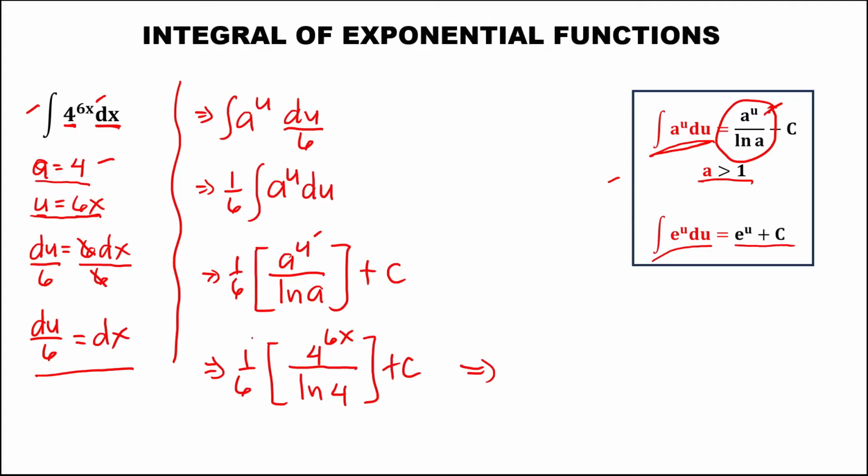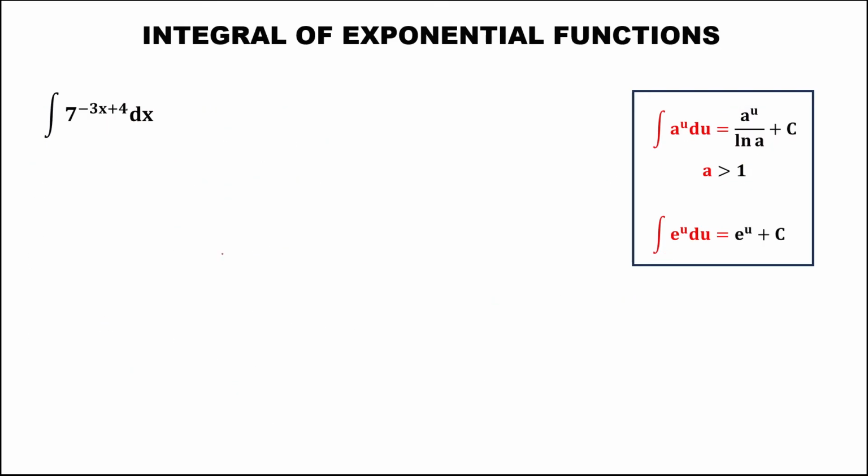Then to simplify, multiply. So this is 4 to the power 6x over 6 times ln 4, plus c.